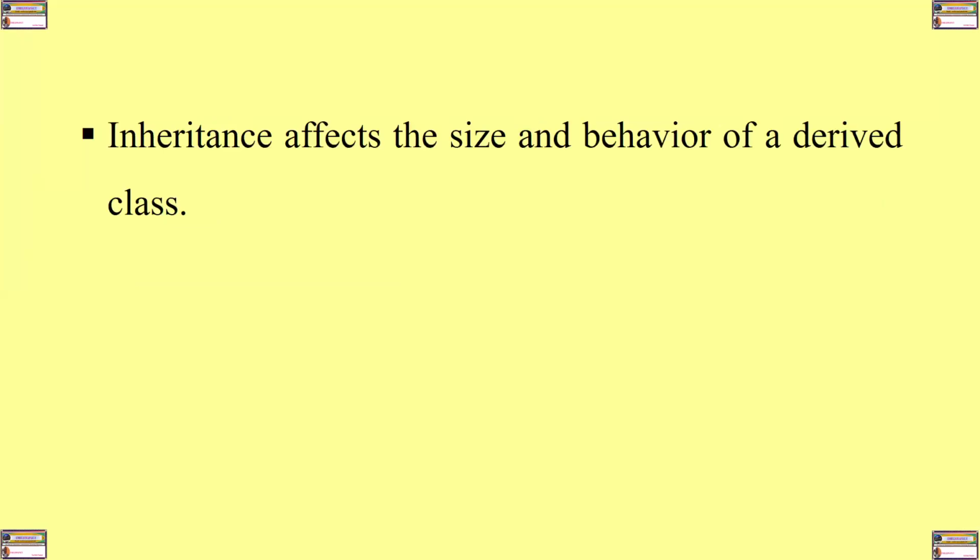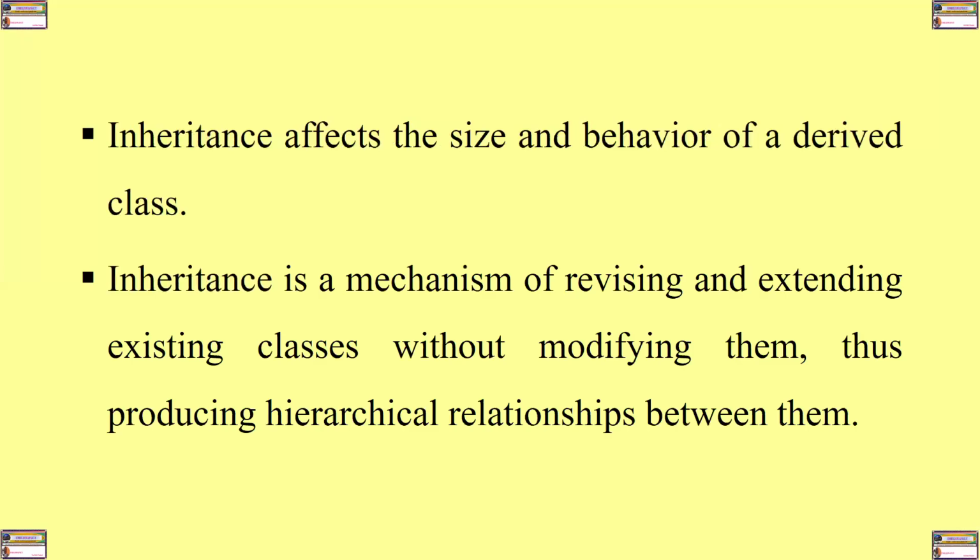Inheritance, therefore, affects the size and behavior of a derived class. Inheritance can also be said to be a mechanism of revising and extending existing classes without modifying them, thus placing hierarchical relationships between them.